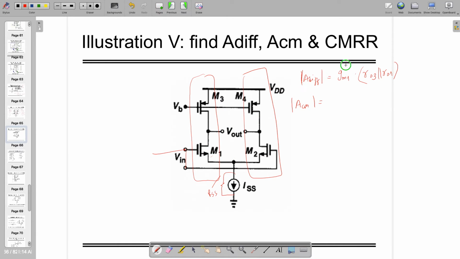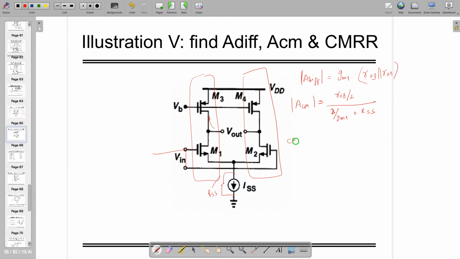In that case, the output from here, it's RO basically, so it's ro3 in shunt with ro3, which is going to make it ro3 by 2 divided by 2 by gm1 plus RSS, right?